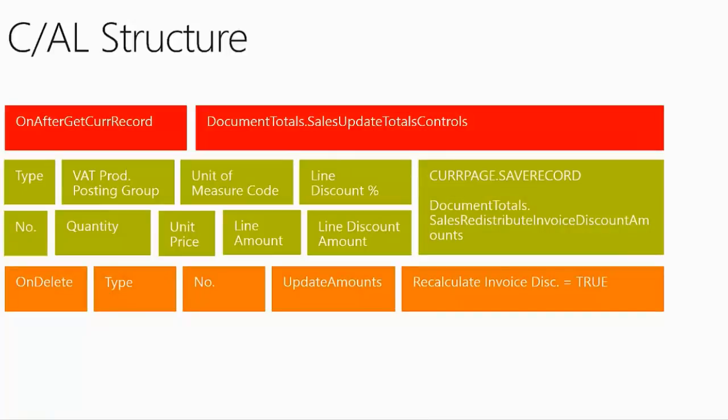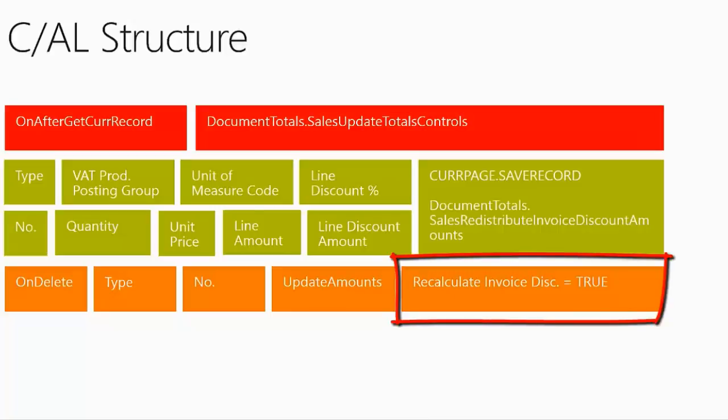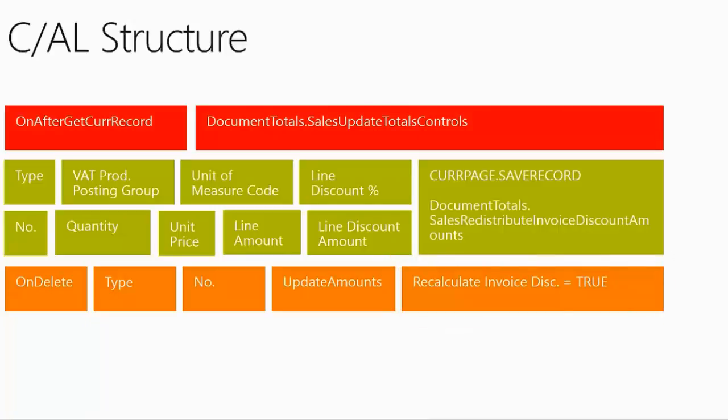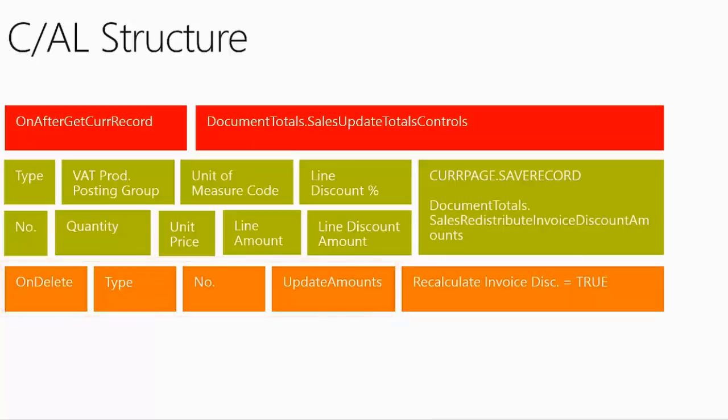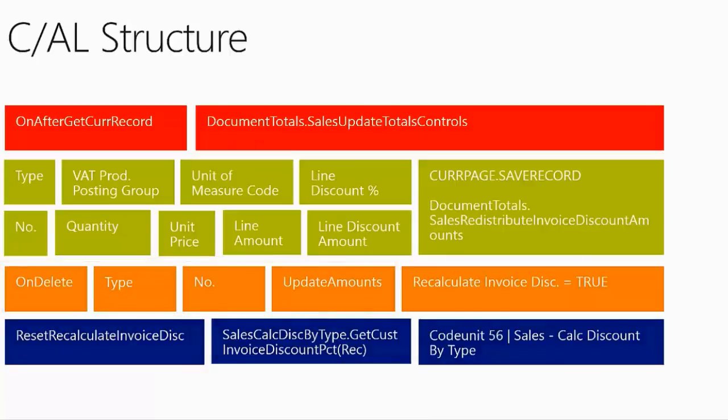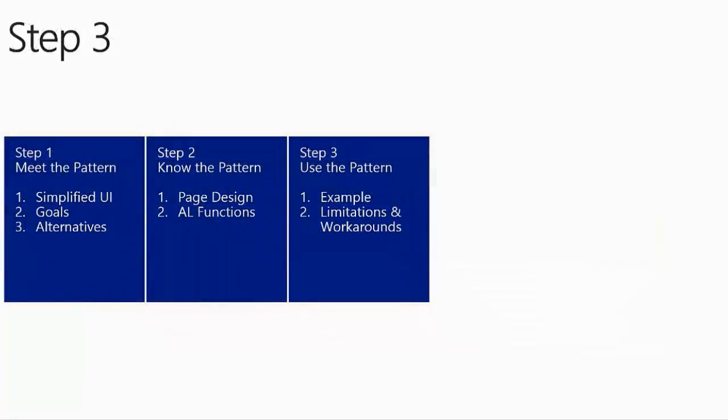To test if recalculating the discount is required, a mechanism is implemented in the sales line table, which is triggered in a number of events. We will come back to this later. And last but not least, in the function that calculates the discount, the fail-safe methodology is being reset. Let's see how this works in Dynamics NAV 2015.